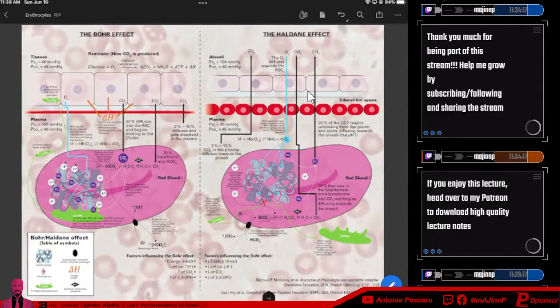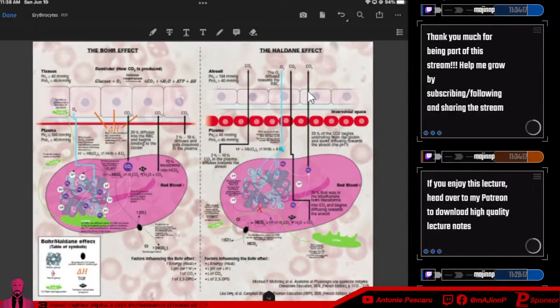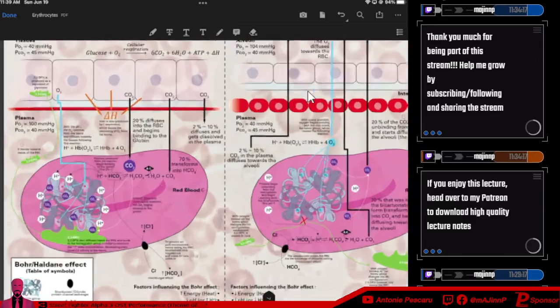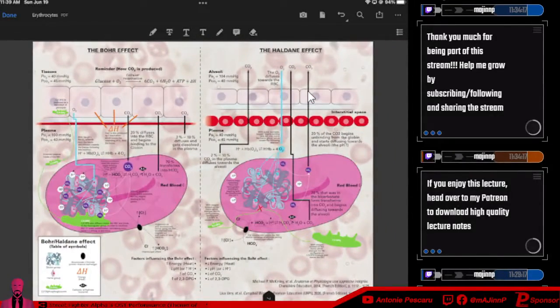Moving on now to the transfer of the Bohr effect and the Haldane effect. At the beginning I said one of the main functions of a red blood cell is the transport of oxygen to the tissues, and the transport of CO2 outside of the body.